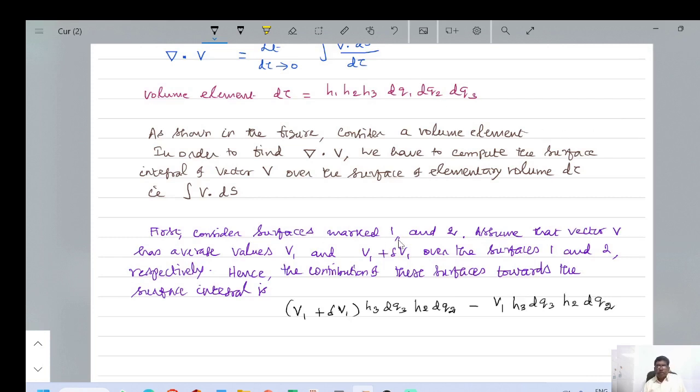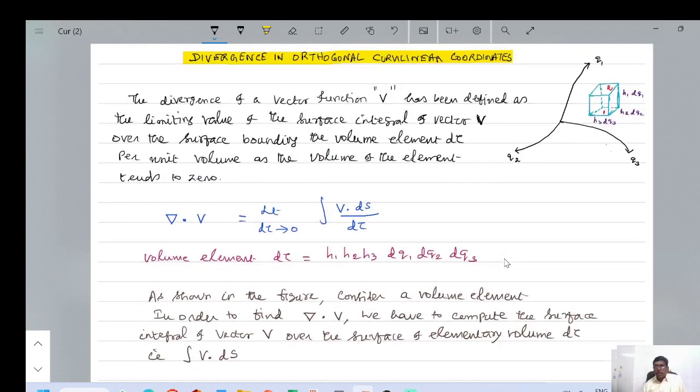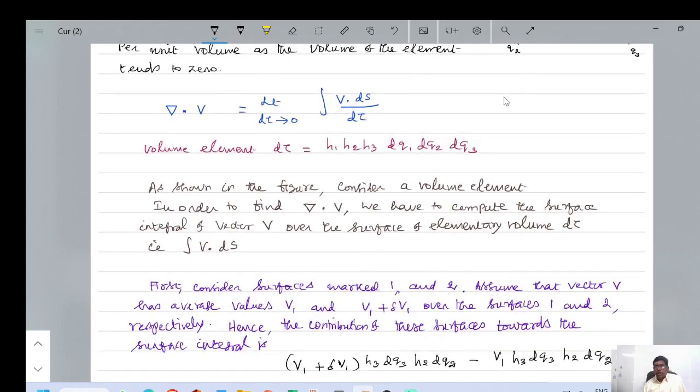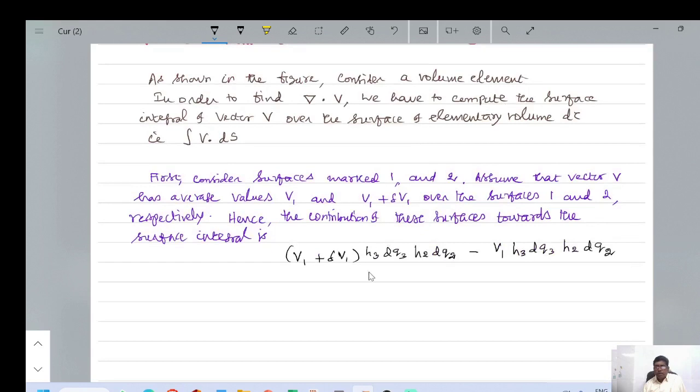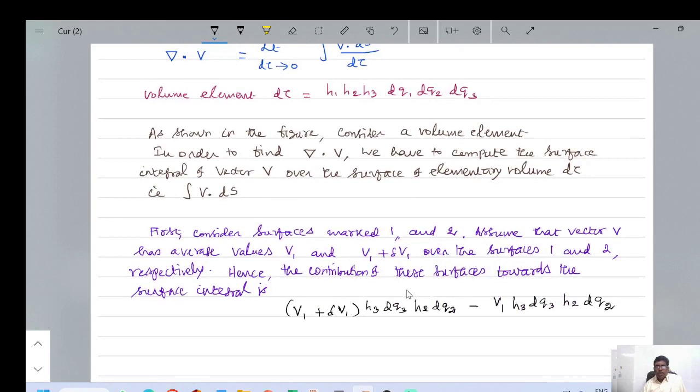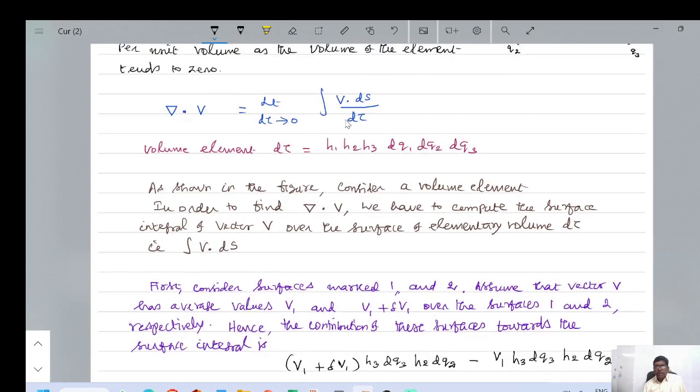Now see this. Assume that vector v has the average values v1 and v1 plus del v1 over the surfaces 1 and 2. The value of the vector at surface 1 is v1. The value of the vector at surface 2 is v1 plus del v1. Therefore, the difference is v1 plus del v1 minus v1. Now, the contribution to the surface integral is vector dot ds.